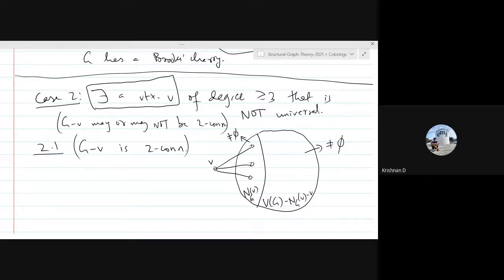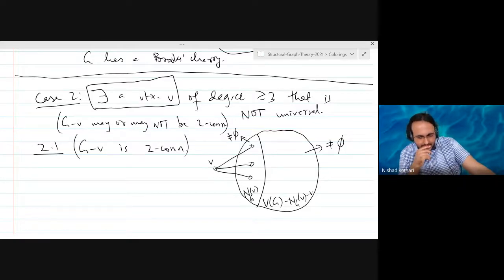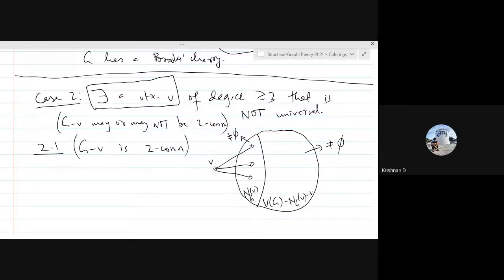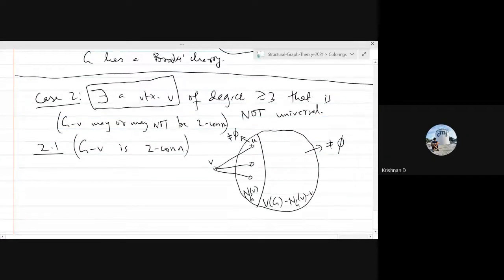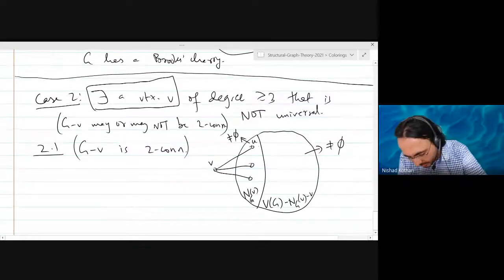Yeah, go ahead, Krishna. Take a vertex in the neighborhood of V. It should have a neighbor in the right side part of the graph.